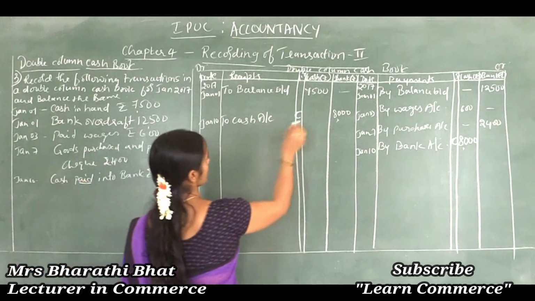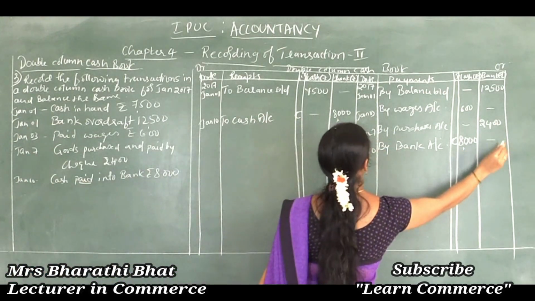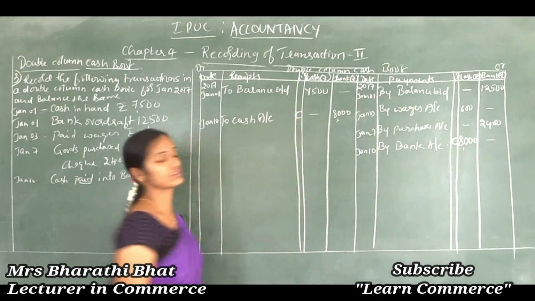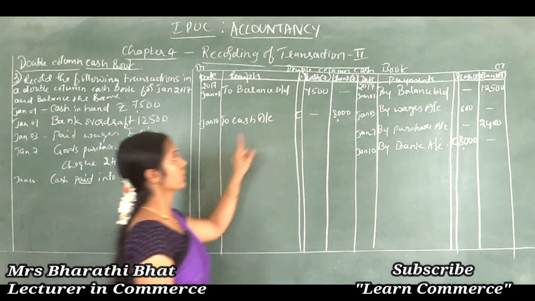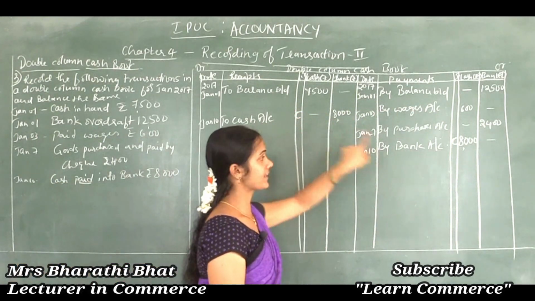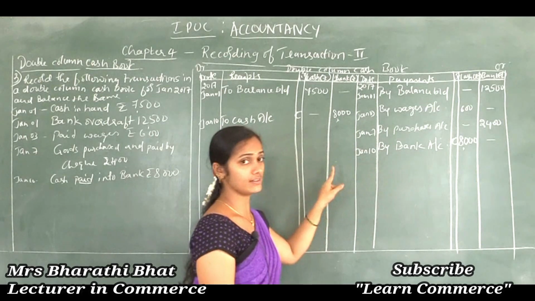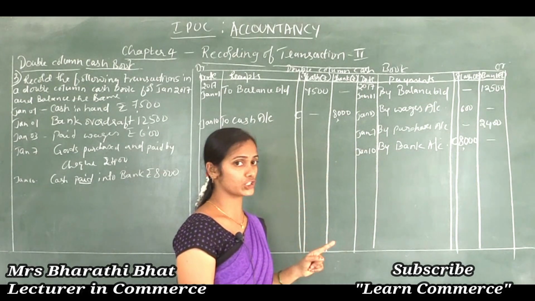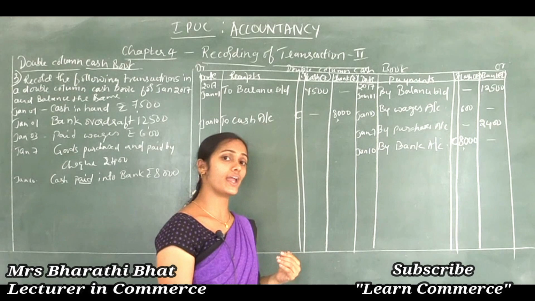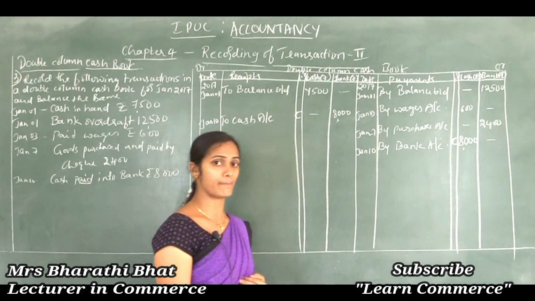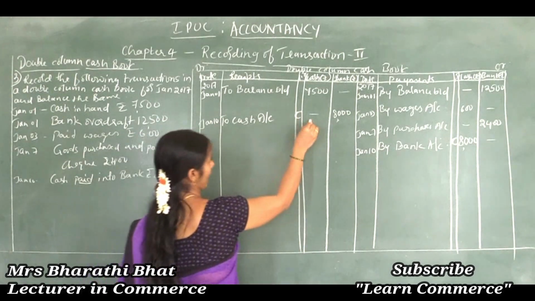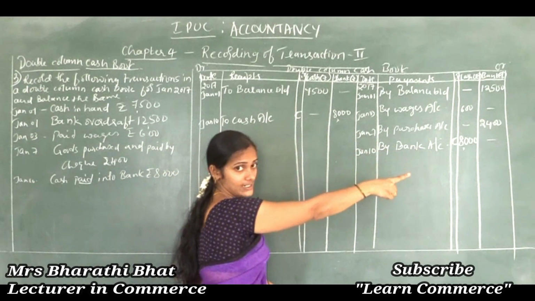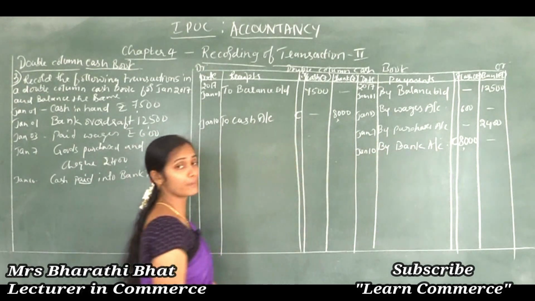Here there is no effect to bank, here there is no effect to cash. So bank increases, cash decreases when we deposit cash into bank. In the same way, when we withdraw cash from bank, our cash increases, bank decreases. But now this is the opposite case.